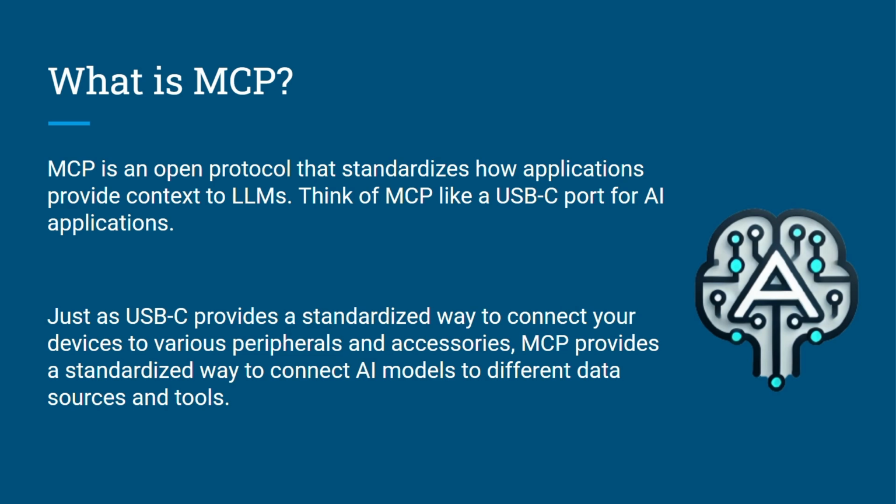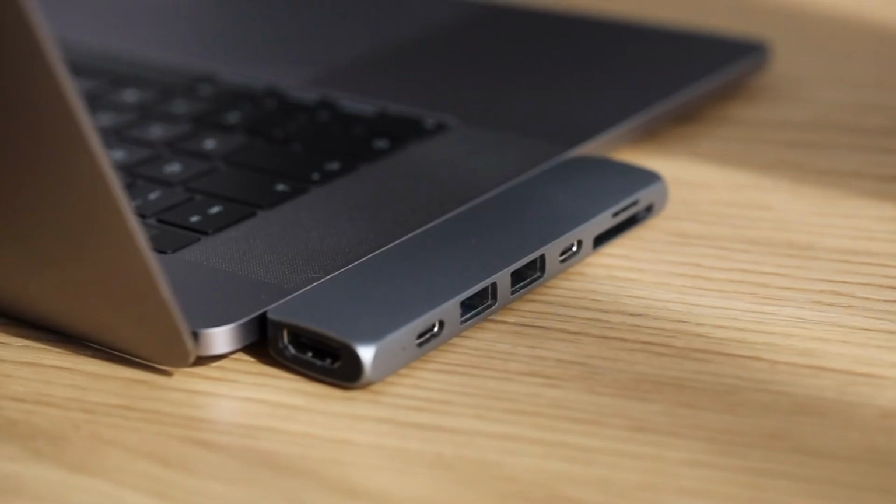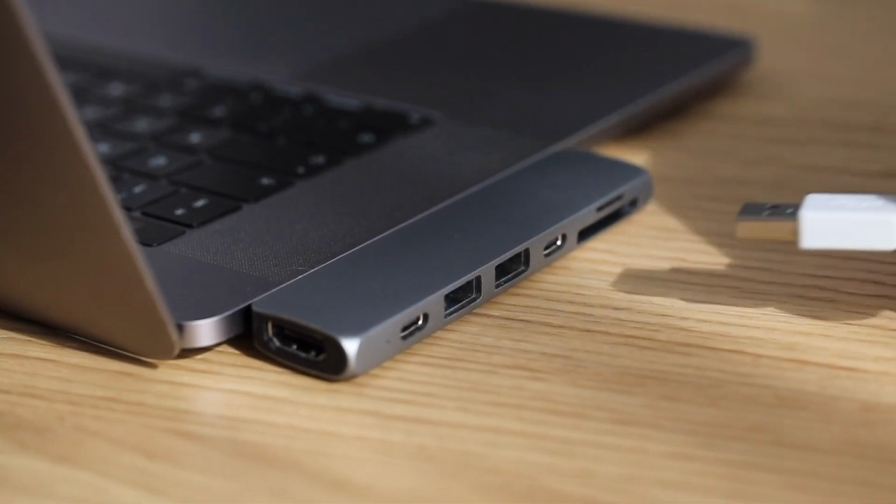So what is MCP? MCP stands for Model Context Protocol, introduced by Anthropic. This is an open source protocol that helps standardize how apps give context to the large language model. The easiest way to think about it is kind of like a USB-C port, but applicable for AI applications.